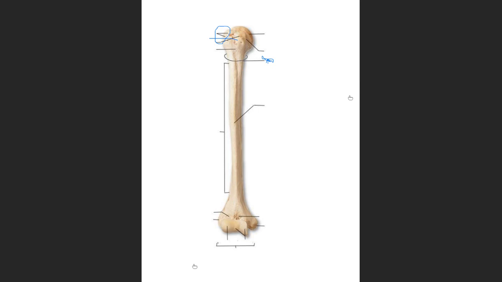So the one on the left side, under the circle and the line, is that the intertubercular groove? No, more up on the left. Yeah, that. Yes, it then is. And then the whole length of the middle, that's the shaft. Correct.